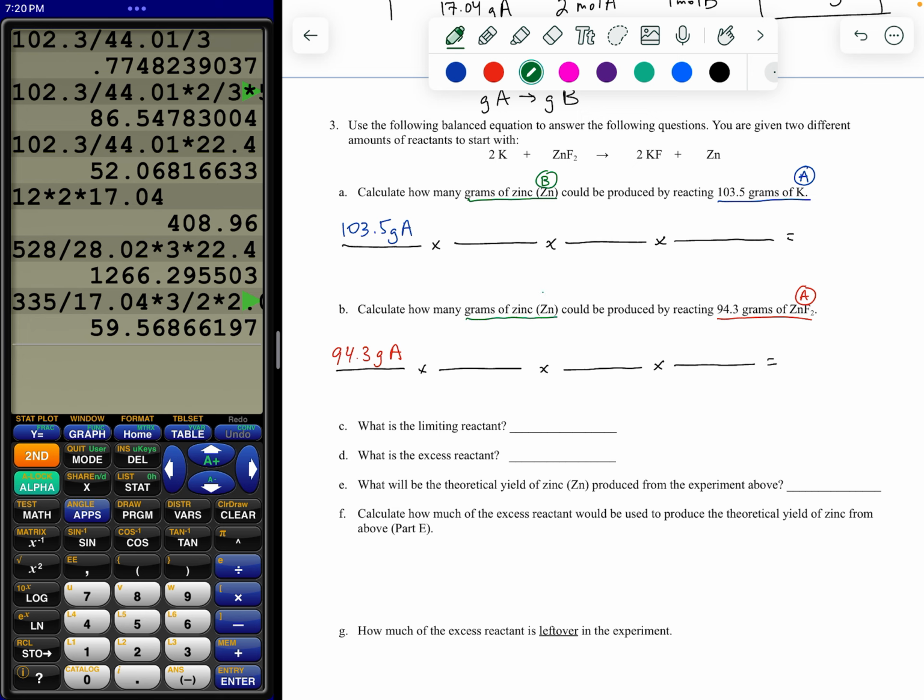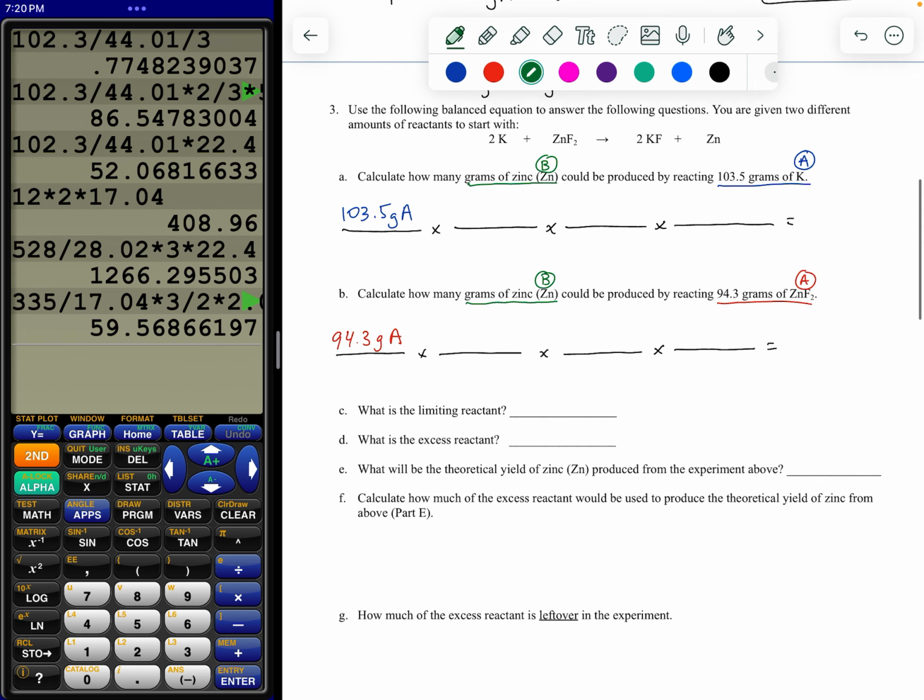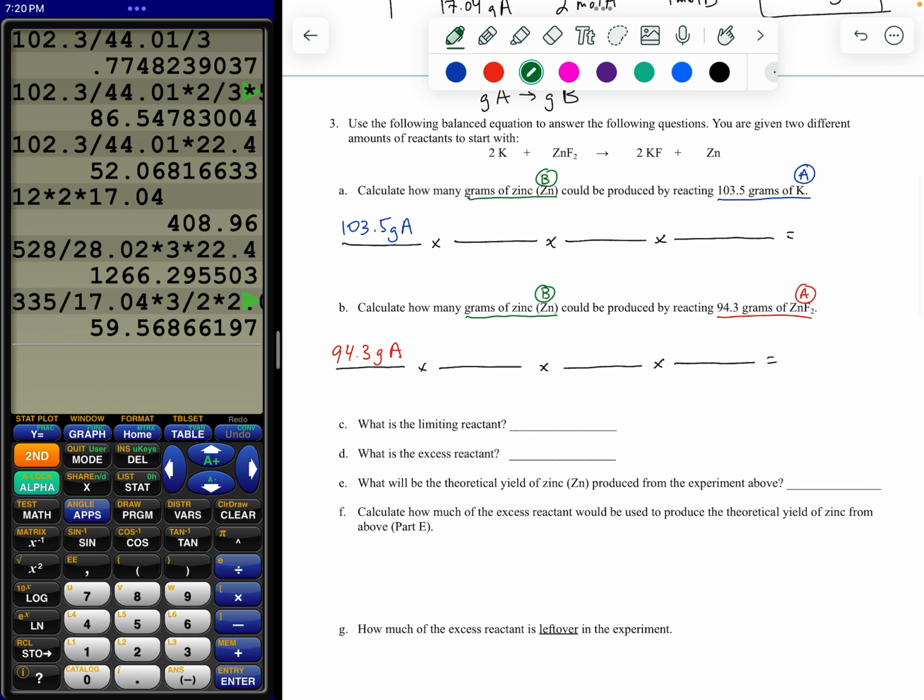And because we need a comparison, we need to be able to develop a way to identify, hey, one of these amounts, either this or this, is going to get used up first. All right. And it's not all going to be in necessarily a perfect ratio between the two. And there's different factors in there, like molar masses of these substances, as well as those mole-to-mole ratios from the balanced equation.